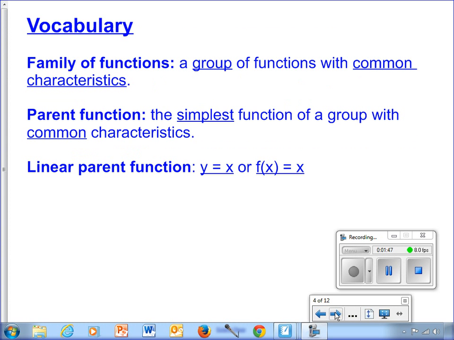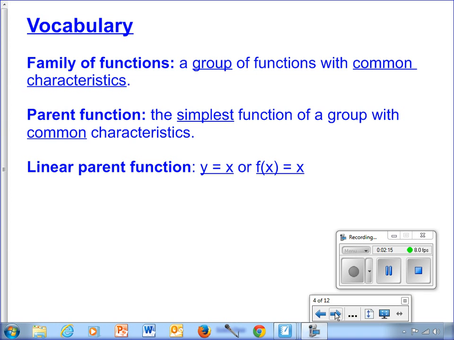Vocabulary. We have quite a number of vocabulary terms today. The first is family of functions. A family of functions is a group of functions that have common characteristics. A parent function is the simplest function of a group with common characteristics.